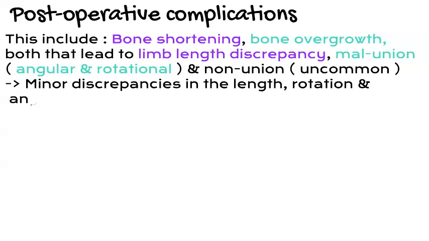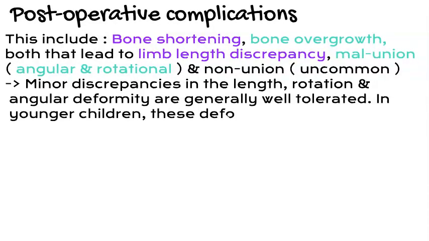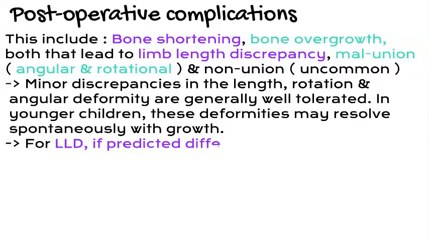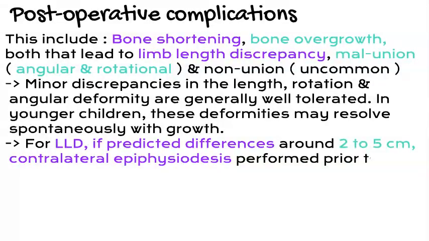Minor discrepancies in length, rotation, and angular deformity are generally well tolerated. In younger children, these deformities may resolve spontaneously with growth. For limb length discrepancy, if the predicted difference is around 2 to 5 cm, contralateral epiphysiodesis is performed prior to skeletal maturity.